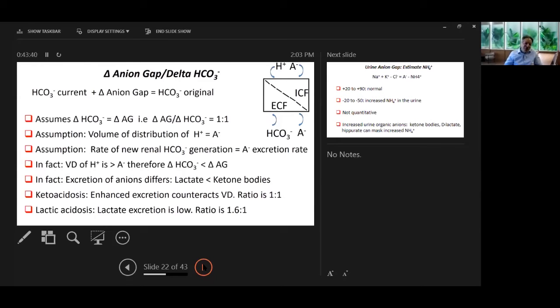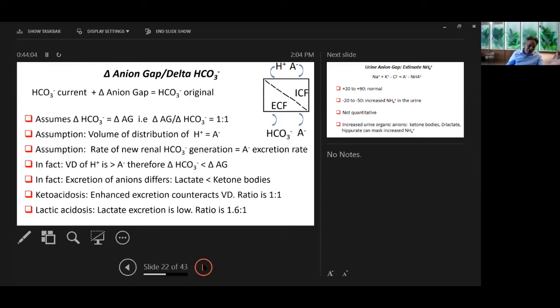So some people have this concept called the delta anion gap, delta bicarbonate. And the concept is that the current bicarbonate plus the change in the anion gap can give you the original bicarbonate. But that has a lot of assumptions in it, which I listed here. One of the assumptions is that you assume that the change in bicarbonate and change in anion gap are equal.